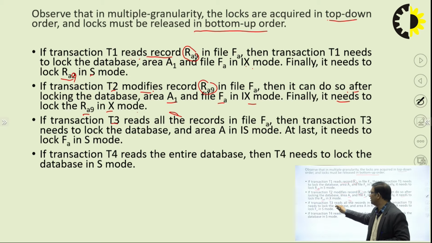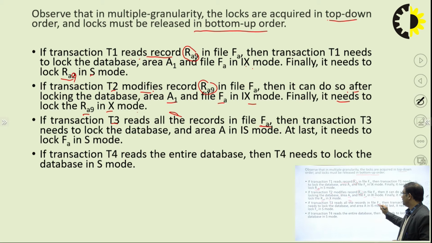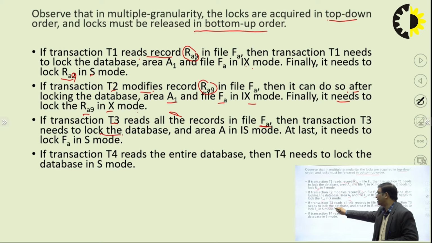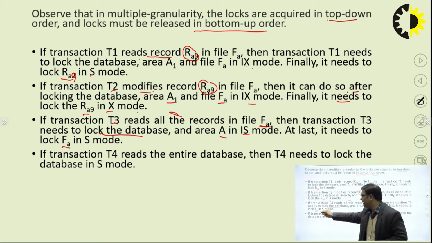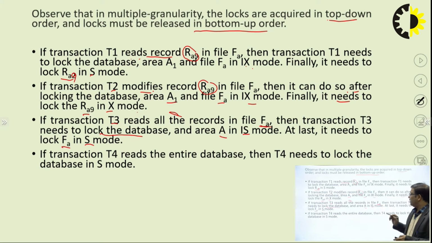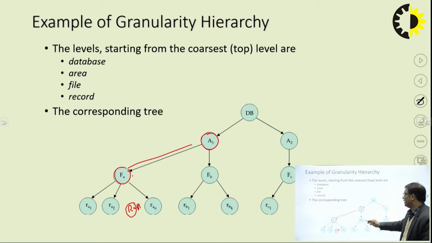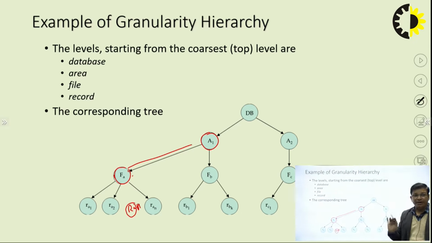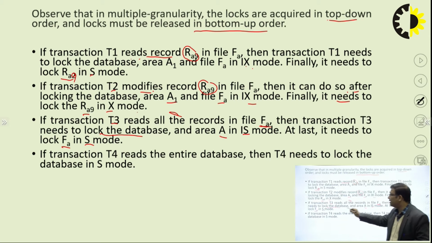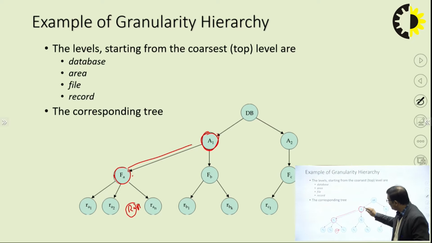Like if T3 reads all the records in file FA, then transaction T3 needs to lock the database and area A1 in intention shared mode. At last, it needs to lock file FA in shared mode. It means we have to read all the records of file FA. Then transaction T3 needs to lock the database and area too.